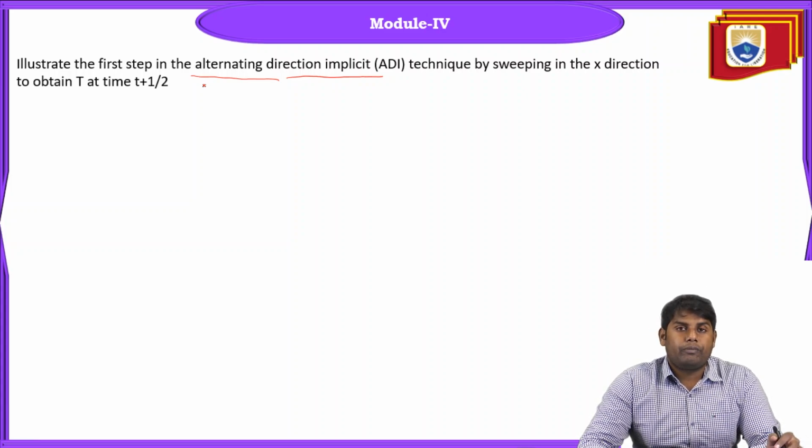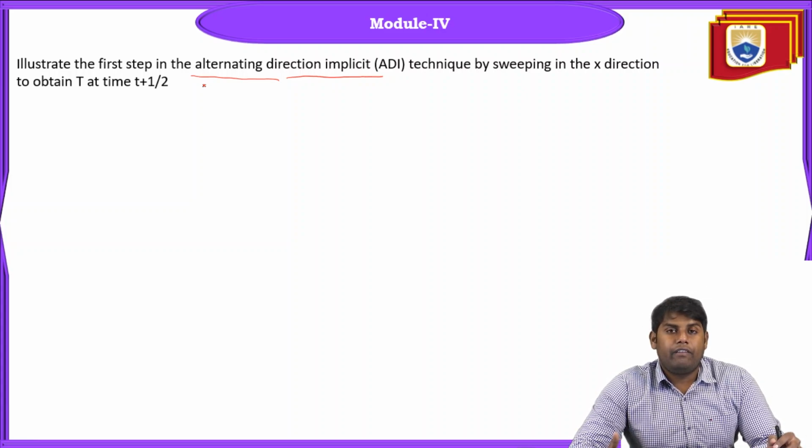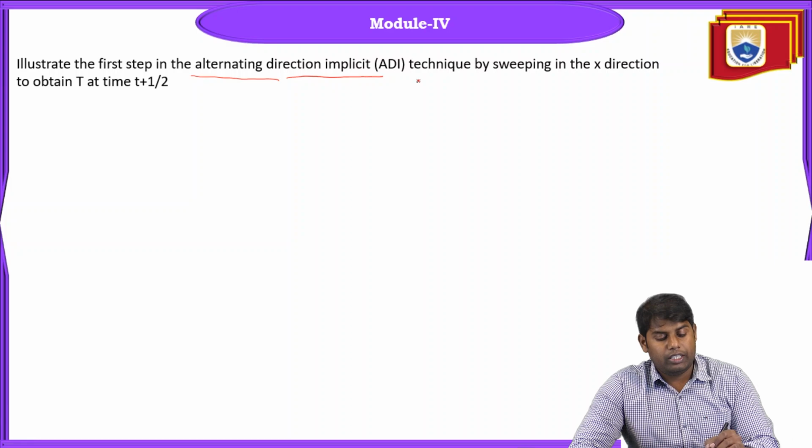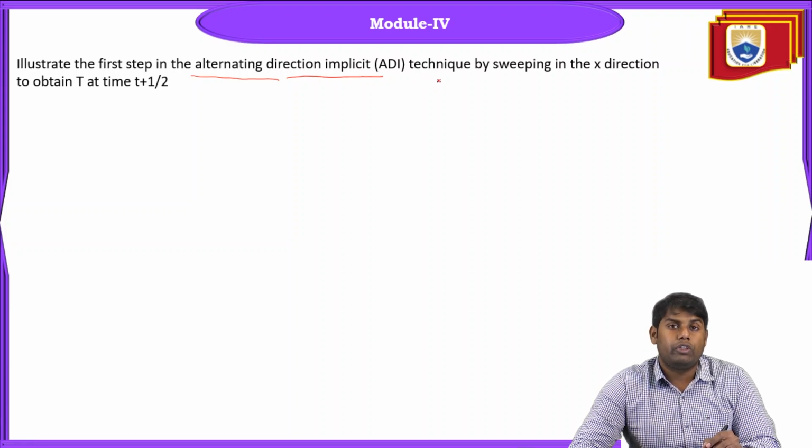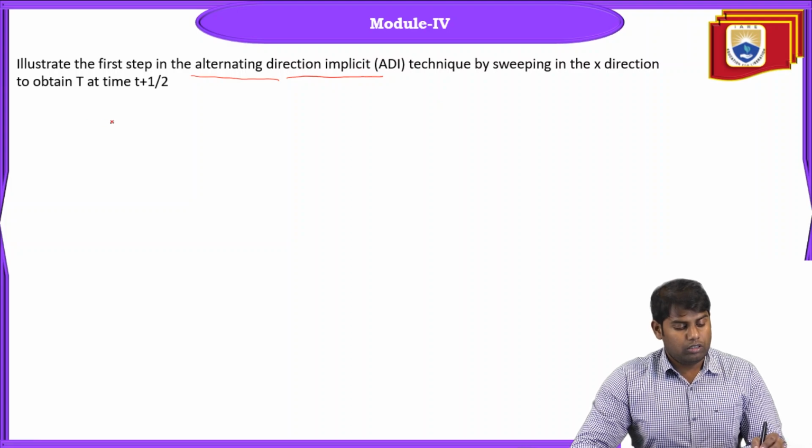So basically we have two things: the 1D diffusion equation and the 2D diffusion equation. When you see this question, this is related to the 1D diffusion equation. Next, in addition to this, we will see the 2D diffusion equation.